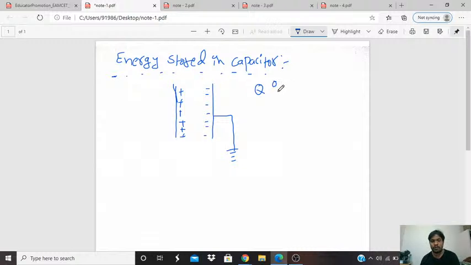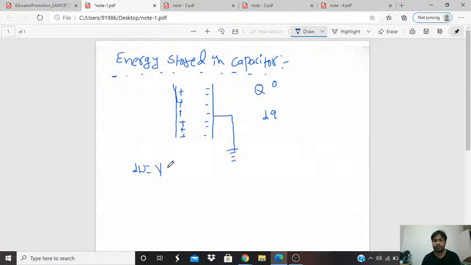For moving the charge, we have to apply some force, so that work will be done because of the displacement. That work done will be stored as energy. Suppose a small amount of charge dq is moved into the capacitor with potential V. What is the work done due to the small charge?